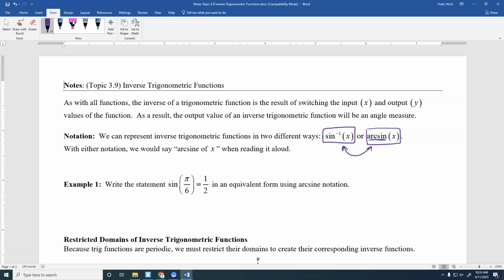Some of them may have been teaching a math class for 40 years, and if they learned arc sine, there's a good chance they have not changed their ways. So it's good to be able to adjust to whatever you see, because they are both accurate notation that you can use.